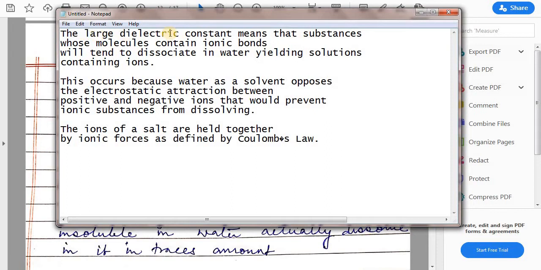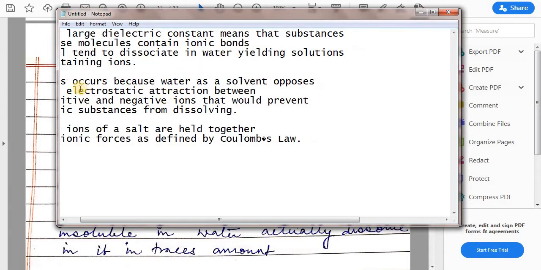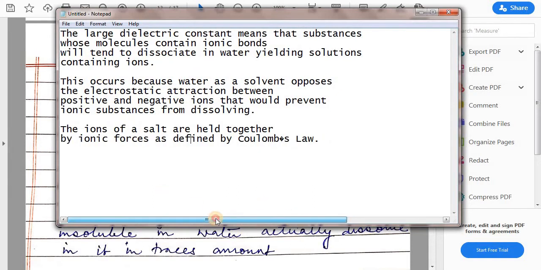So, a large dielectric constant means that substances whose molecules contain ionic bonds will tend to dissociate in water, yielding solutions containing ions. So, sodium chloride will break in water, giving sodium ion and chloride ion. This occurs because water as a solvent opposes the electrostatic attraction.